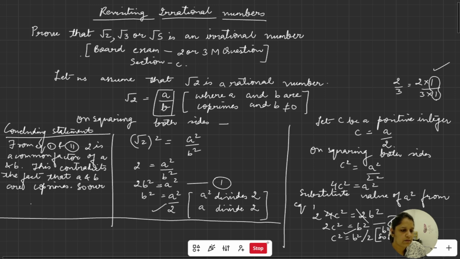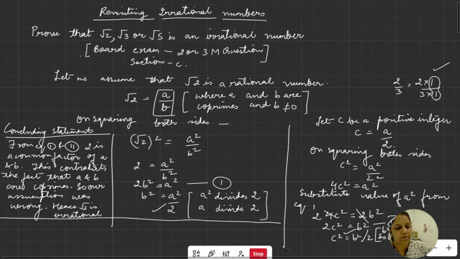So our assumption was wrong, and hence root 2 is irrational. So whether it root 2 comes or root 3 comes or root 5 comes, you have to prove it in the same steps.